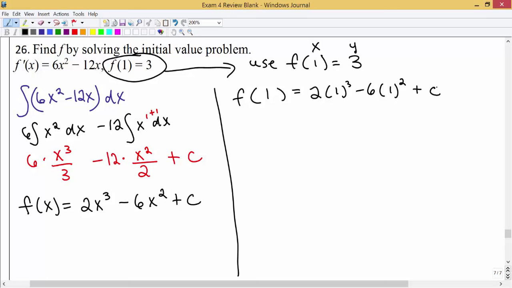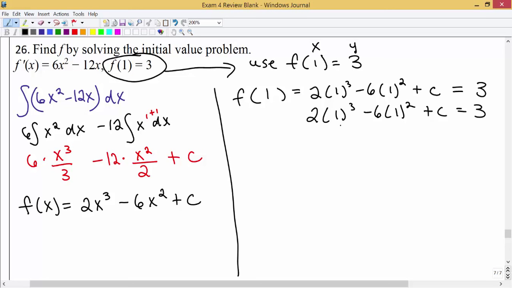We don't know what the constant is, so we're going to leave c as c. But we do know that if we put a 1 in, that the result as output should be a positive 3. So we're solving this problem for c.